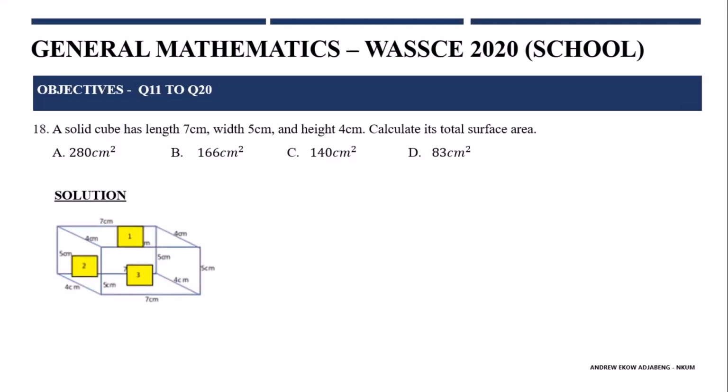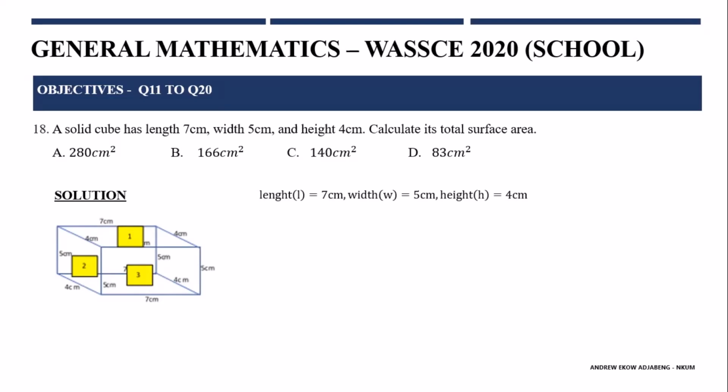So for this solution, we are going to have a solid cube, which is represented in a 3D format. We know that our length is 7 centimeters. With a cube, all the lengths are the same. Our width is 5 centimeters, and all the widths are the same.